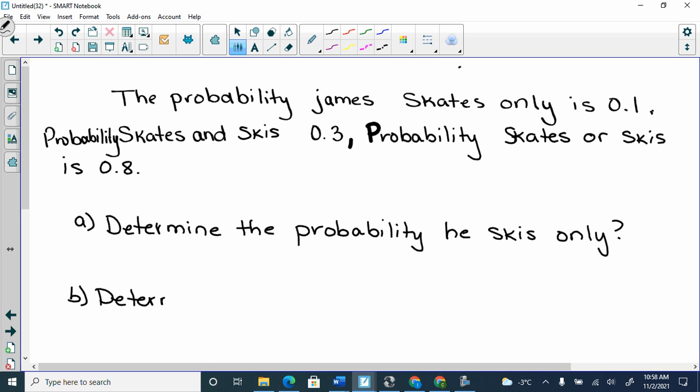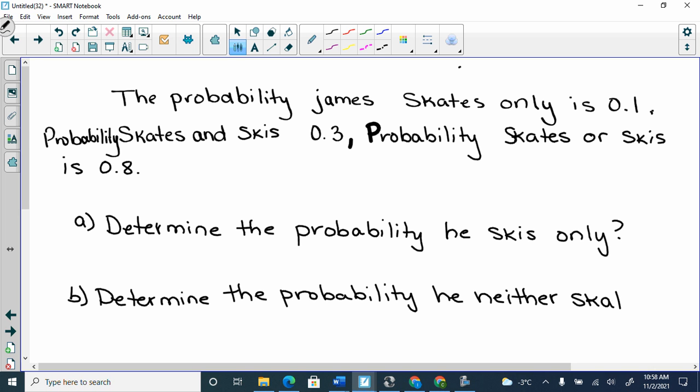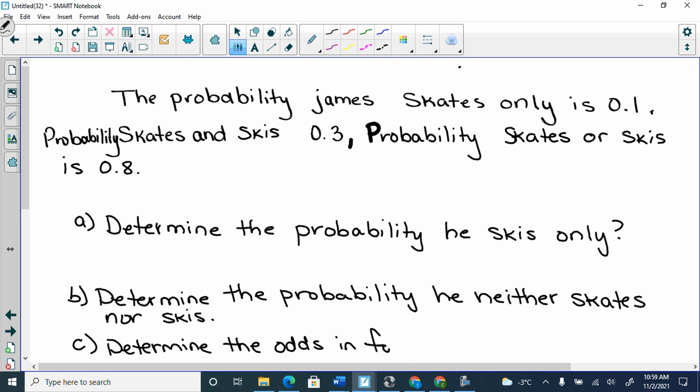Determine the probability he skates neither skates nor skis. Determine the odds in favor of skiing.